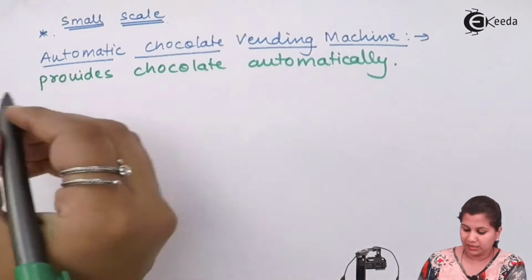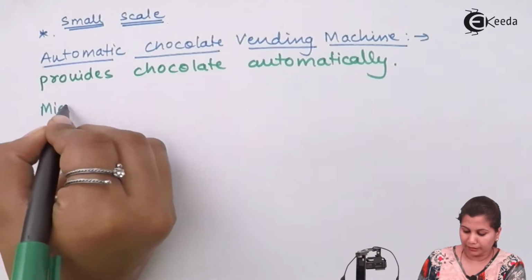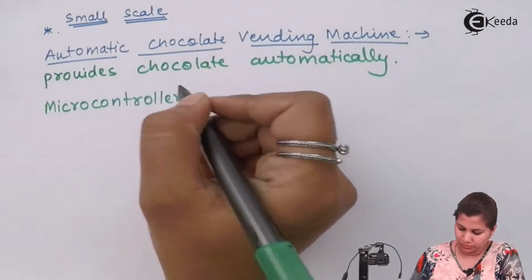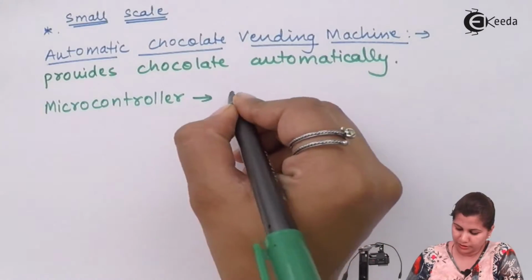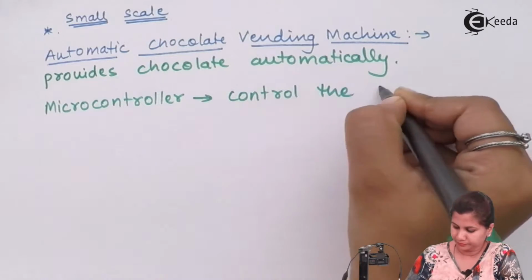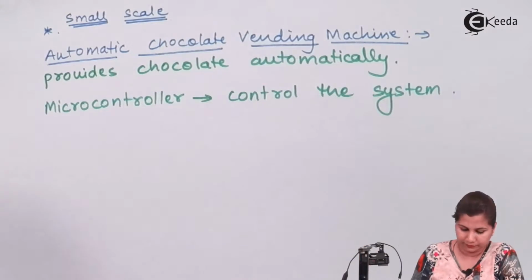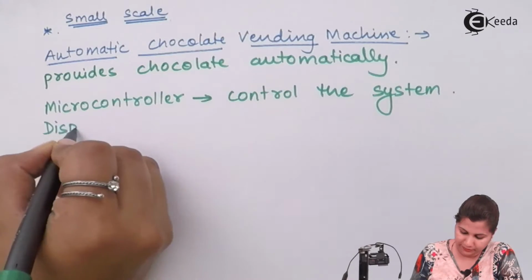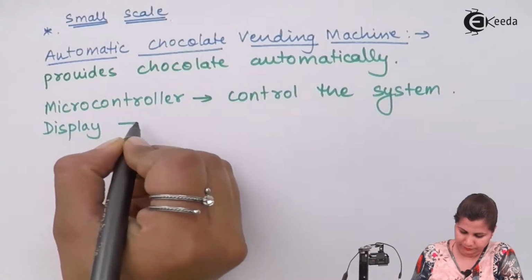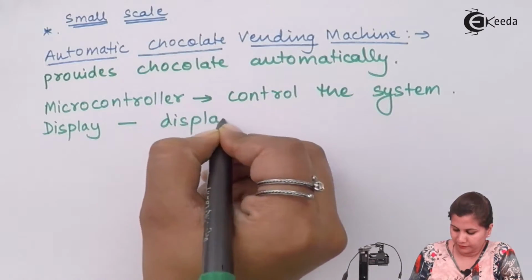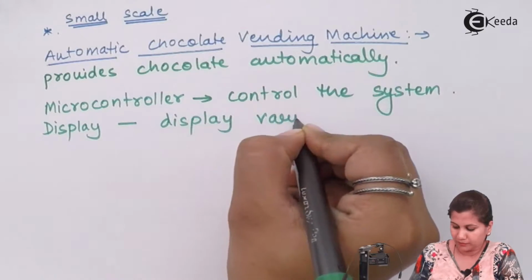In this embedded system, a microcontroller is required, and this microcontroller controls the system. Also a display is provided, which displays various messages to the customer.